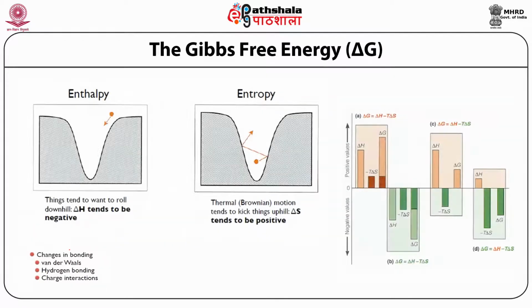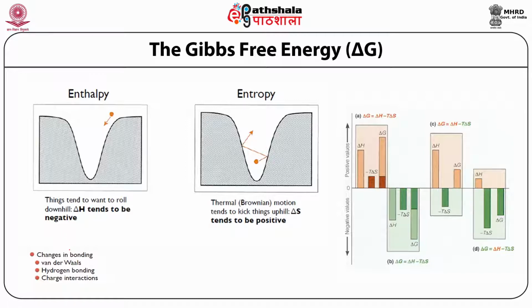Here we try to explain the Gibbs free energy. Again, the Gibbs free energy depends on either the enthalpy or the entropy, so both terms are shown here. For the enthalpy, you see that things want to roll down the hill, so delta H tends to be negative, and it depends on van der Waals interactions, hydrogen bonding, and charge-charge interactions.